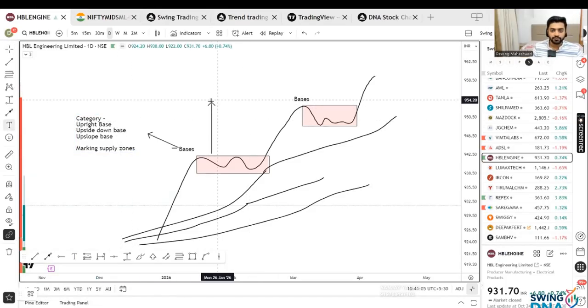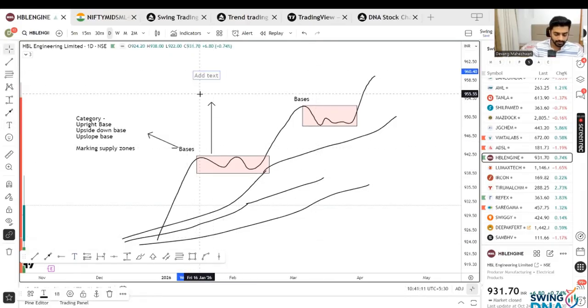Now, further things which need to be there from a point of view of understanding the bases, breaking it down further, is its structure. We need a good range expansion. Price near highs. We'll understand each point in depth.